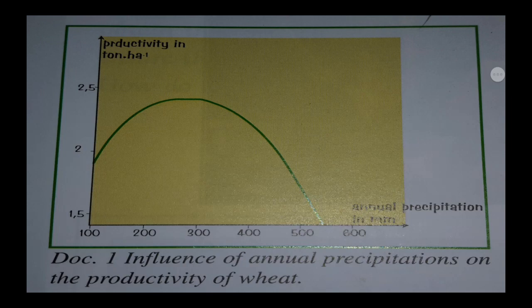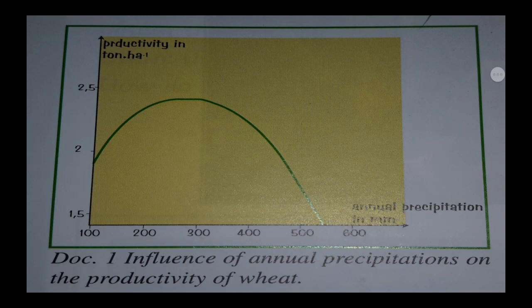Here, as we can see, the productivity increases as the annual precipitation increases to 300. And when we talk about annual precipitation, it is the amount of water that is stored underground. So the productivity increases to around 2.5 tons per hectare as the annual precipitation increases to 300 millimeters.